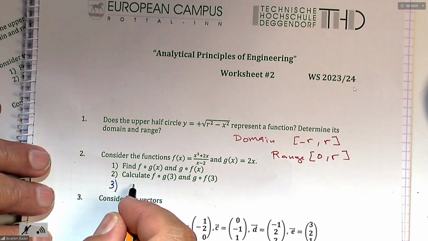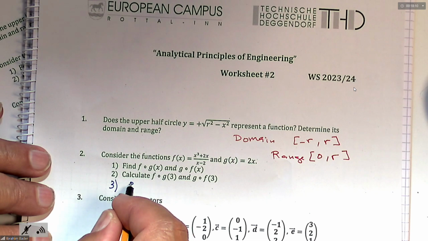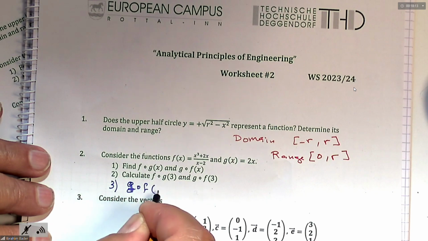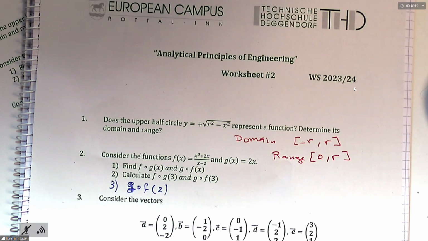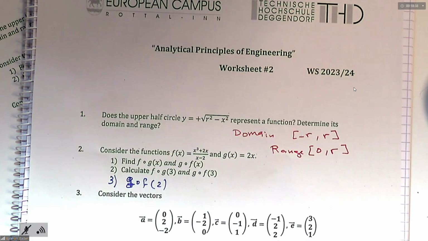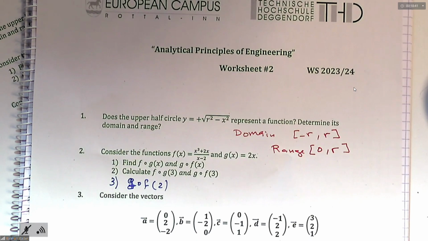So let's try to find out f composite g or g composite f at 2. Let's do the same for this function at the point 2 and see what happens. In part number 2, if we just add number 3 to it, I want to show you something that could also be the case with composite functions: the point belongs to the domain of one function, but not the other.